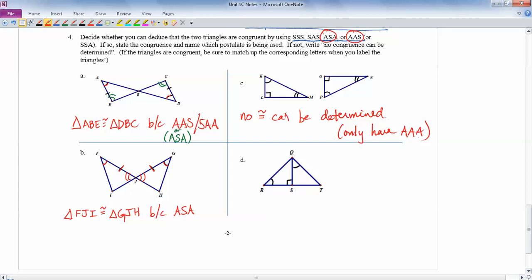Okay, and then D, let's see, what do we have in D? We have these angles matched up. We got a right angle here, which makes this one have to be a right angle there. You could match up this side right here because that's reflexive.